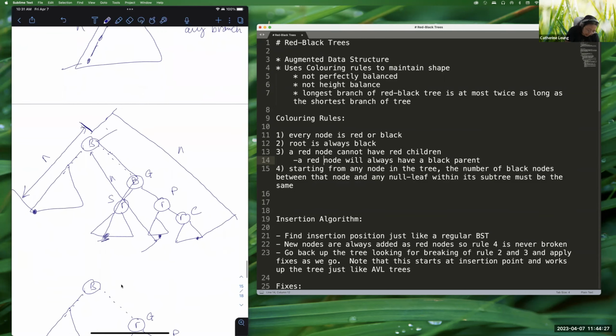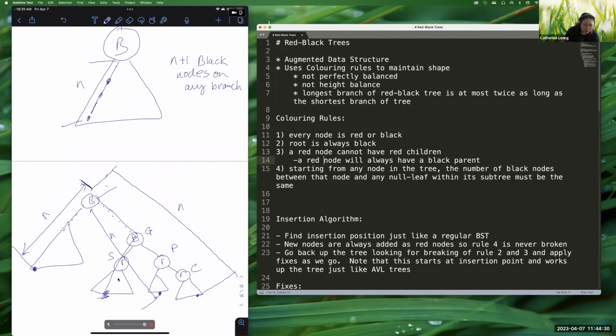Now, let's label these W, X, and Y. So if I think about how I got to here, I went from this node through here, black, red, and then down to a subtree within W. That number of black nodes is going to be n beforehand. So if I go through W, I needed a black node before I hit this red and another black, and the root, if I look at just these two.